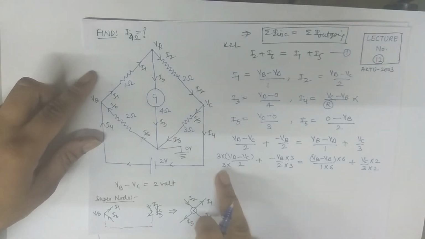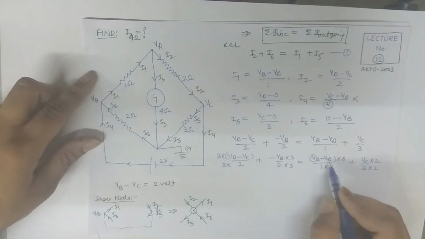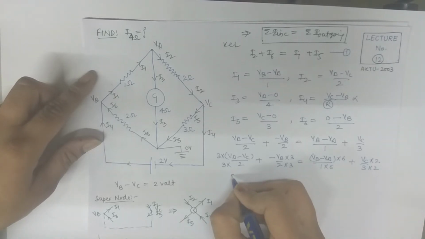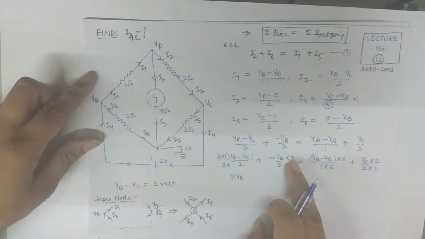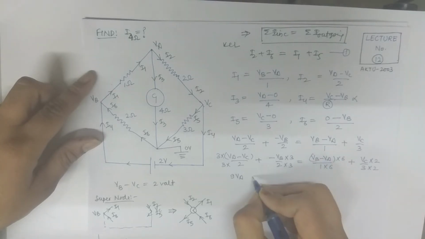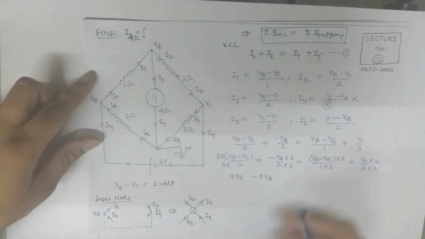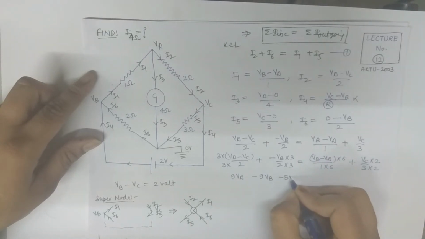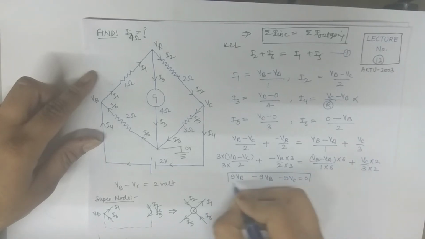In this way the denominators are equal. So 3 VA and 6 VA, taking this side, 9 VA; similarly VB minus 3 and plus 6, taking this side minus 9 VB; and 3 and 2, 5, minus 5 VC is equal to 0. So this is equation number 1.